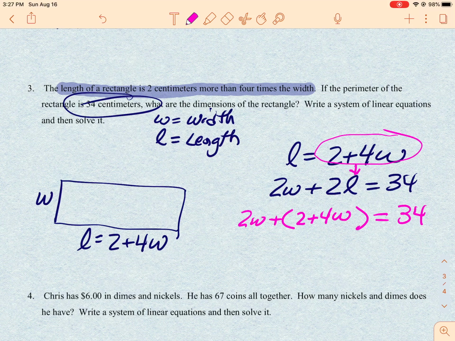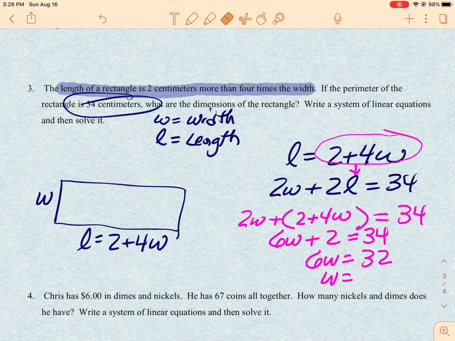Combine like terms. 2W plus 4W is 6W. I have a plus 2 equals 34. Subtract 2 from both sides. And then divide by 6. 32 divided by 6. Let's see, did we mess something up here?